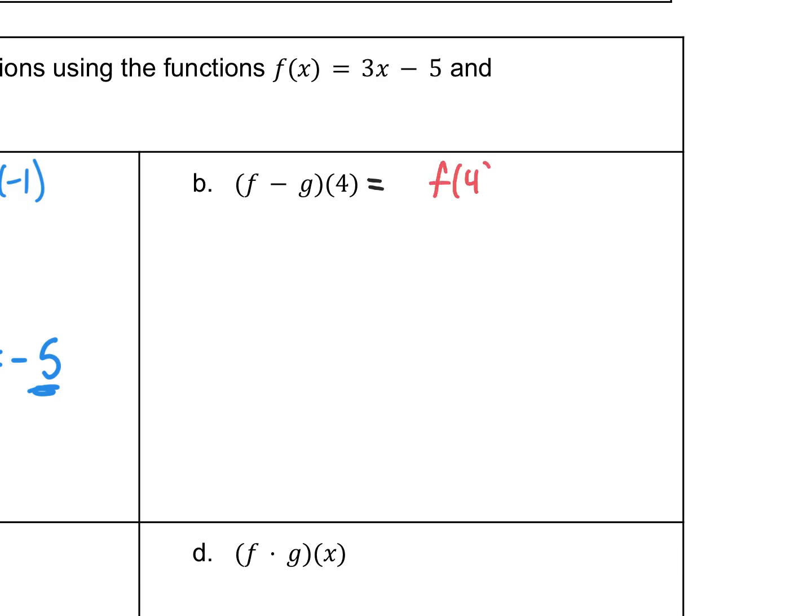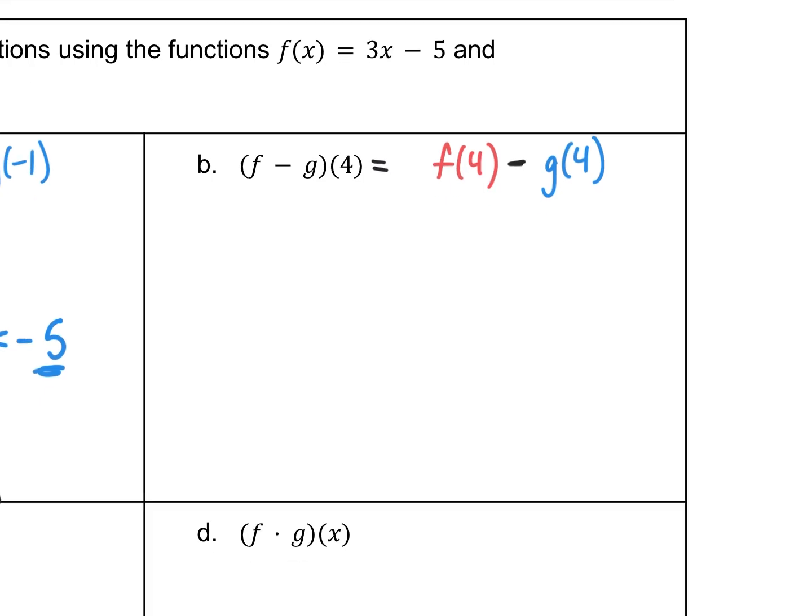Good. F of 4 minus g of 4. If this would have been g minus f, well, then I'd have g of 4 minus f of 4, right? So just pay attention to that. Always keep it in the same order that it gives you, okay? But this one was f minus g. Love it, okay? Now what?